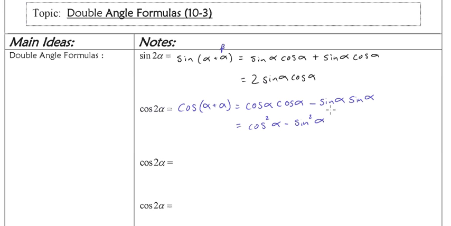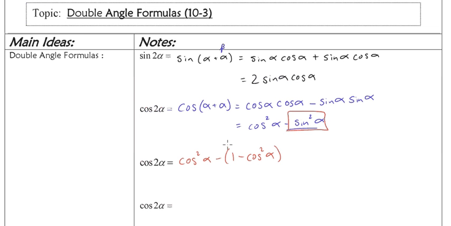Another way to think of that one is, what if we change this all into terms of cosine? This is true in and of itself, but let's change that sine squared into a cosine squared. So here's the same idea. This is cosine squared alpha minus, and now what is sine squared alpha? That's going to be 1 minus cosine squared alpha. That's the equivalent of sine squared alpha.